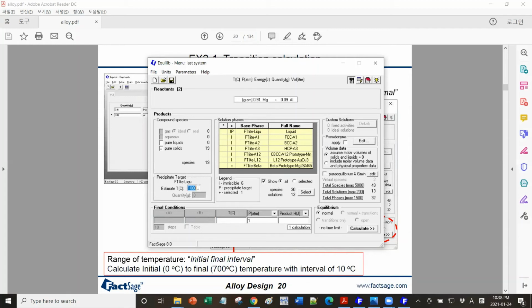Then this estimate T is activated. You can change this temperature, but you don't have to, because this is the starting point of estimation. So it could affect the calculation rate or calculation efficiency, but there's no effect on the calculation result. And for the target calculation, this temperature should remain blank.